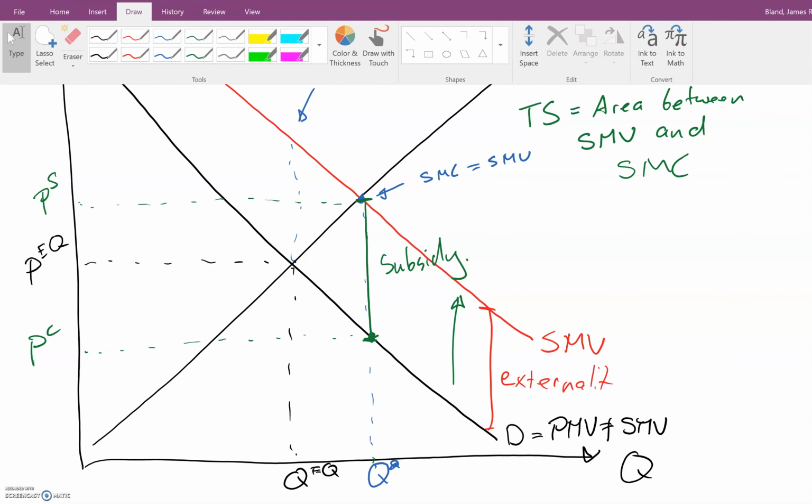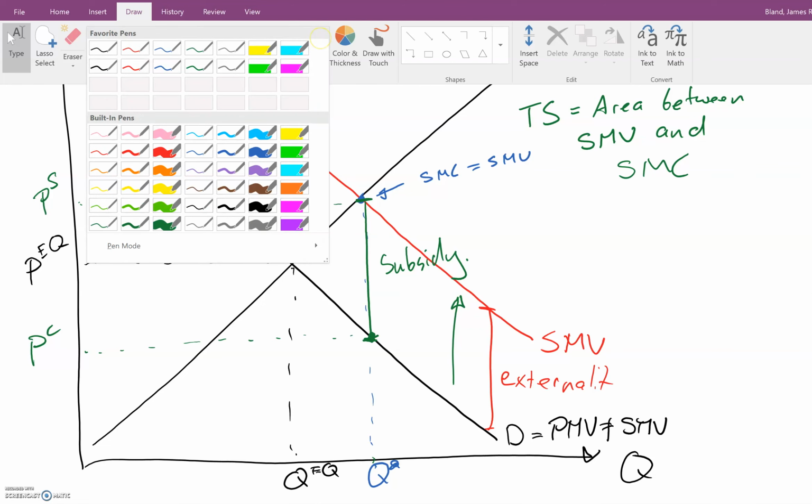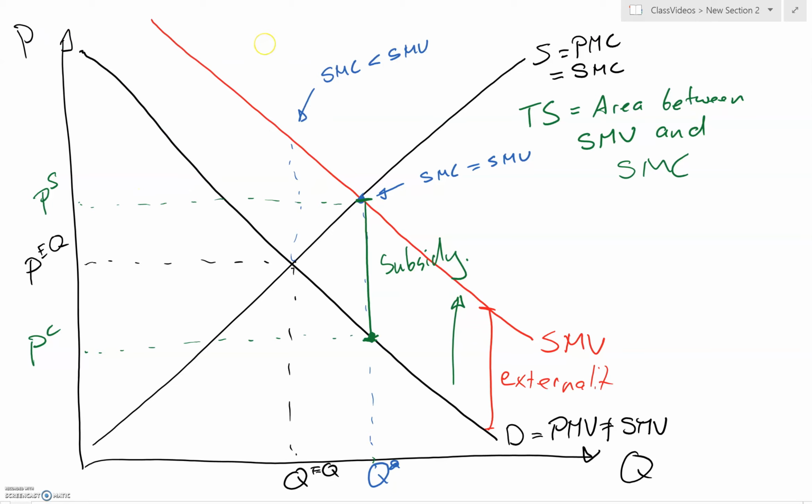Okay, so let's have a look at total surplus before the tax. Okay, so before the tax, we're producing the equilibrium quantity. Okay, and so here is the social marginal value curve up to the equilibrium quantity, and here is the social marginal cost curve up to the equilibrium quantity.